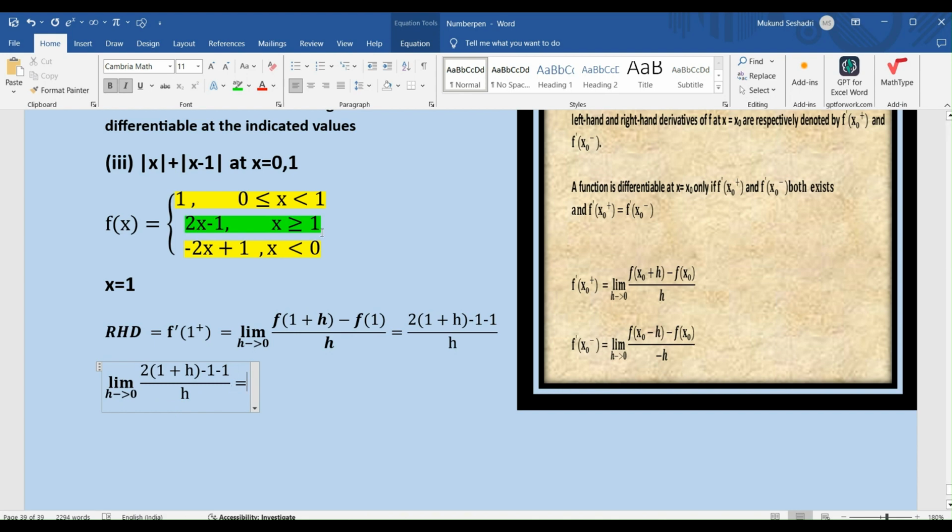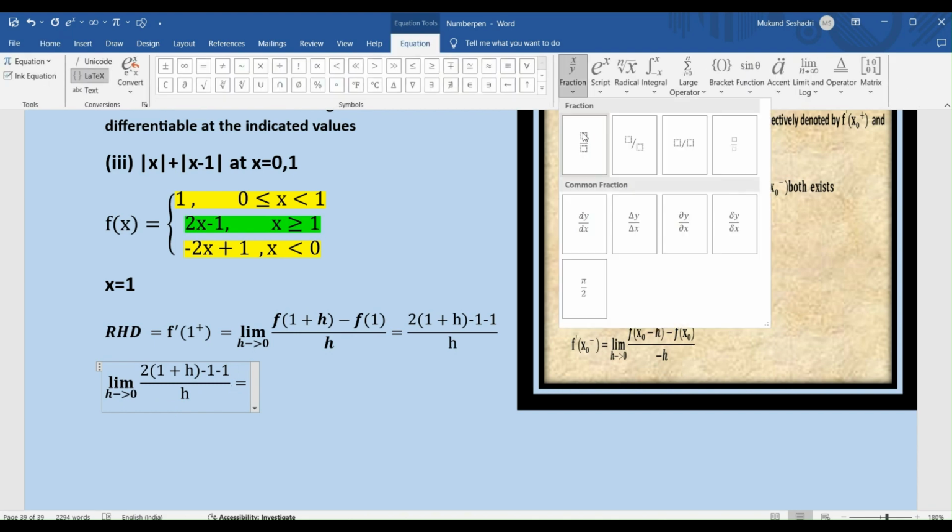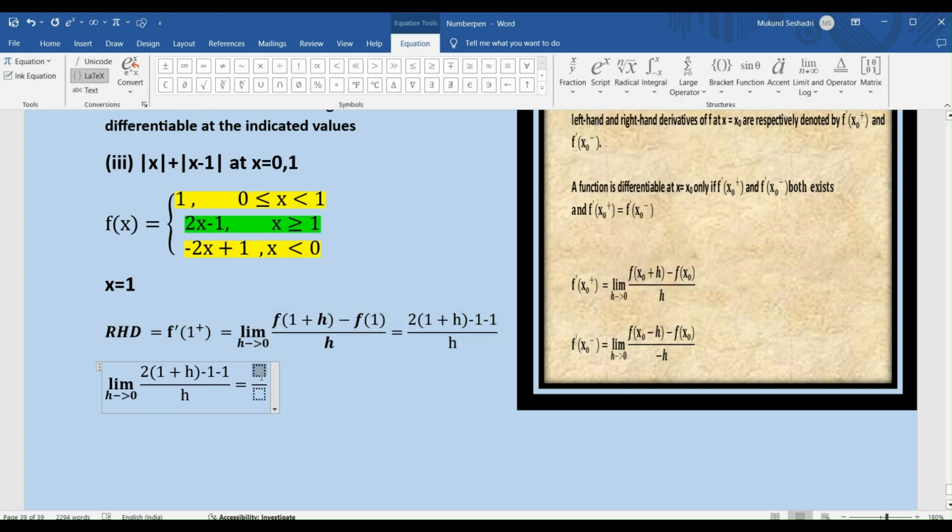So I have my 2 into 1 plus h can be written as 2 plus 2h. And then I have my minus 1 in the numerator still, which becomes a minus 2. And I'm left with 2h by h, which is nothing but 2, right? So my RHD at x equals 1 is finite and is equal to 2.